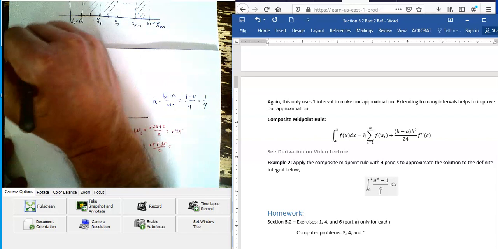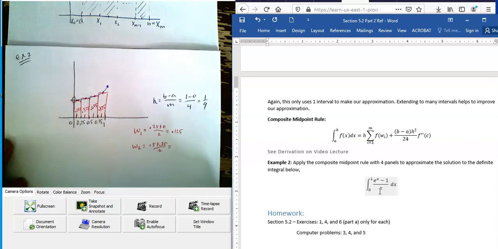This is example 2. So apply the composite midpoint rule to approximate the solution. We're just using this formula here.